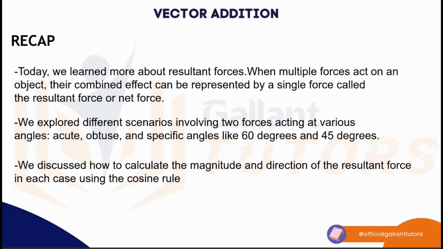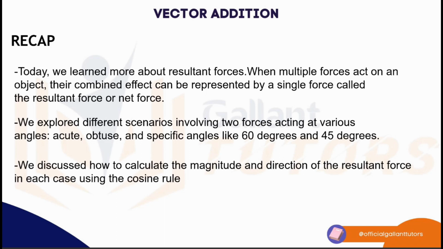So recap. Today we learned more about resultant forces. When multiple forces act on an object, their combined effect can be represented by a single force called the resultant force or net force, because some questions will say net force and not resultant force, or vice versa.